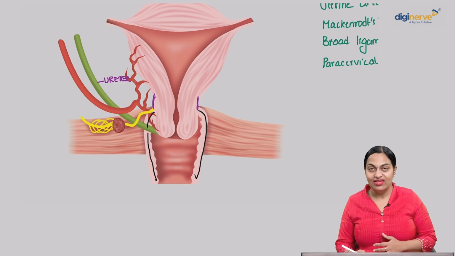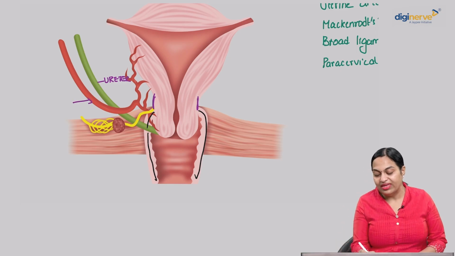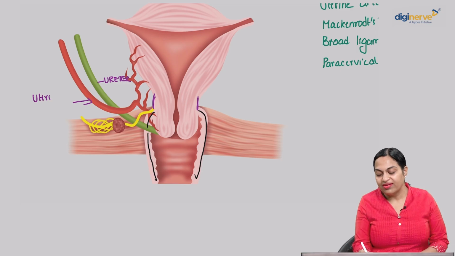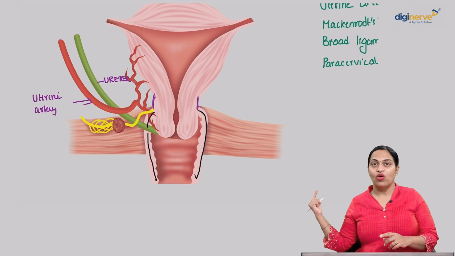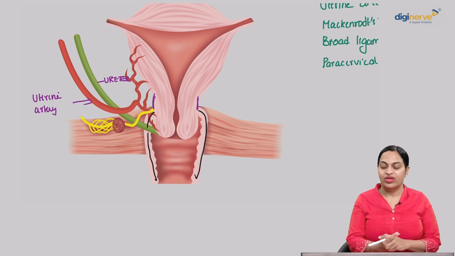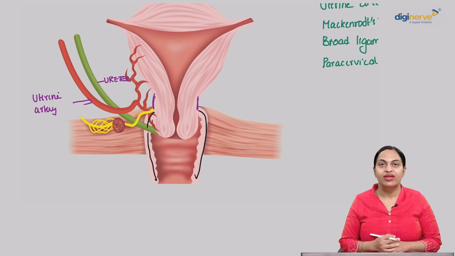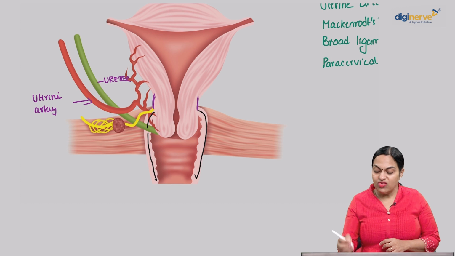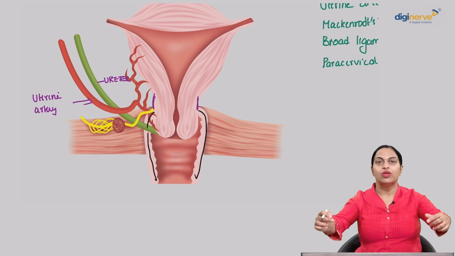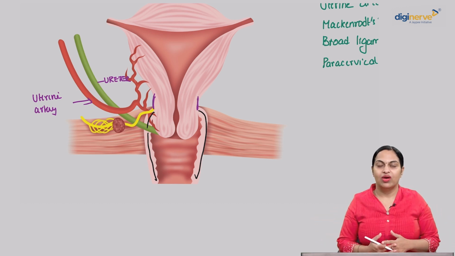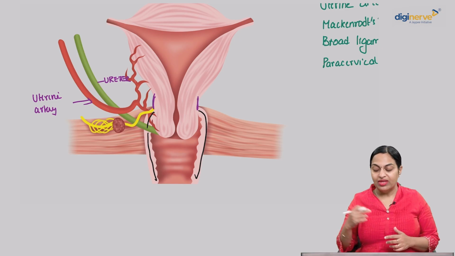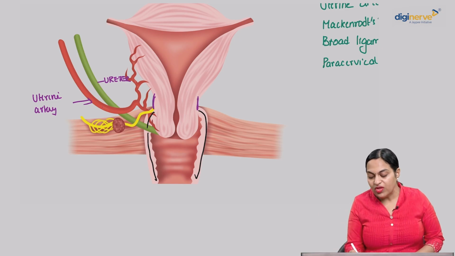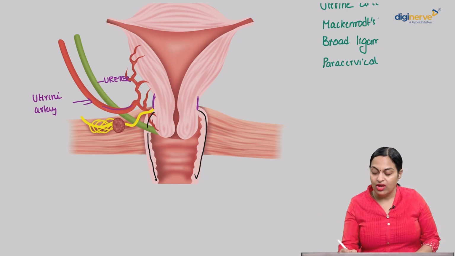This ureter is crossed by the uterine artery. The uterine artery crosses anterior to the ureter from lateral to medial, right? This ureter passes below the broad ligament to reach the bladder. And the uterine artery crosses the ureter from lateral to medial to enter within the broad ligament.